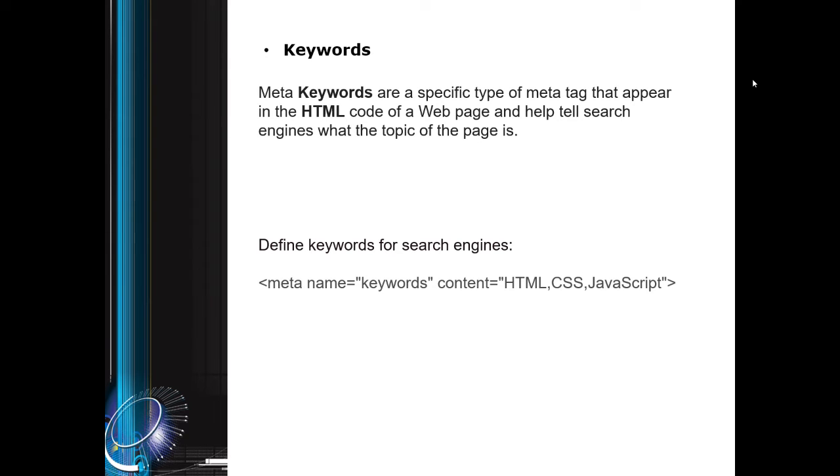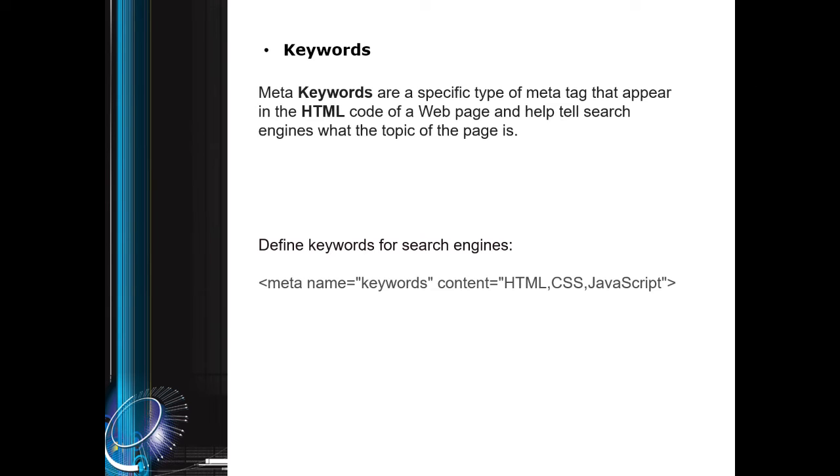The next attribute is keywords. Meta keywords are a specific type of meta tag that appear in the HTML code of the page and help tell search engines what the topic of the page is. It means that a keywords attribute provides what kind of information exists in your web page, or what the content of your web page is.